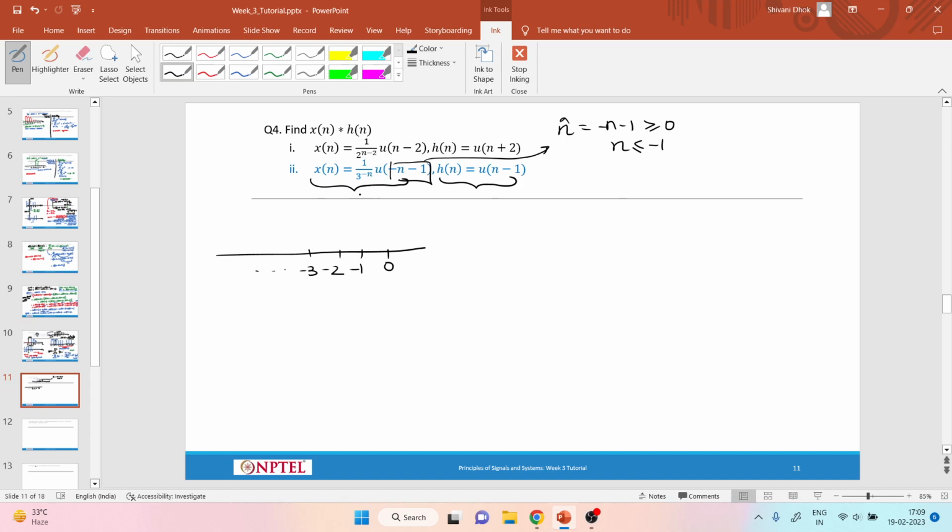So if my n is minus 1, this will be 1 upon 1 by 3, so this will be basically 1 by 3. Then this will be 1 by 3 square, it is 1 by 9. This will be 1 by 3 square, 1 by 3 cube, and so on. So this is my x of k, and this is my k axis.